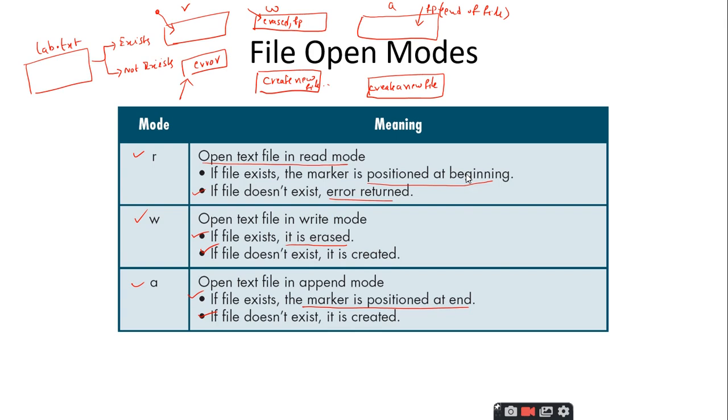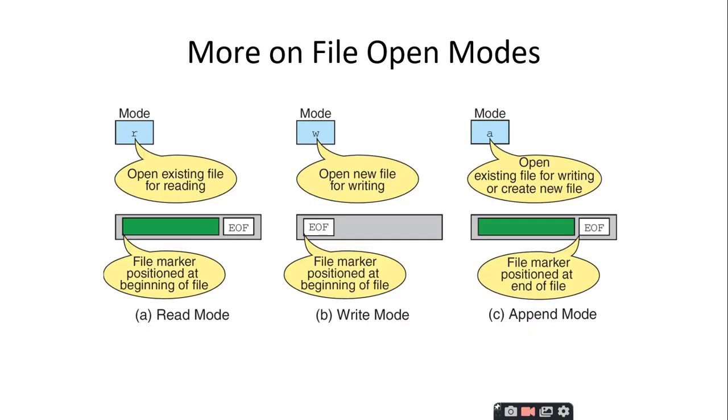Let me show it diagrammatically. So this is my file, and as I told, this EOF is the end of file marker, or end of file pointer you can also say. It indicates the end of file.